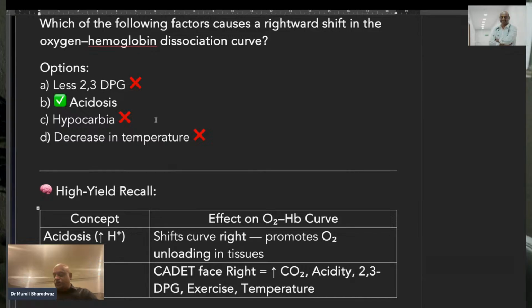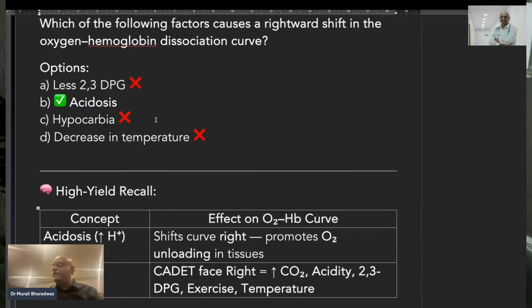So should fetal hemoglobin bind with oxygen or have low affinity with oxygen? It should bind, because the fetus's lungs are not working; all the oxygen is what the mother will give. That is the reason fetal hemoglobin by nature doesn't bind at all with 2,3 DPG.